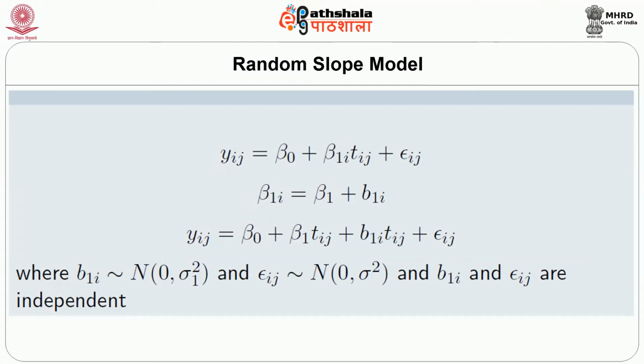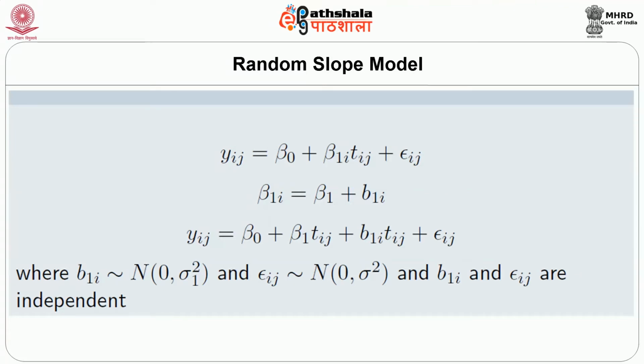One part is the population level slope, and one part is the variation from the population level slope of the ith individual, which is denoted by b_1i.